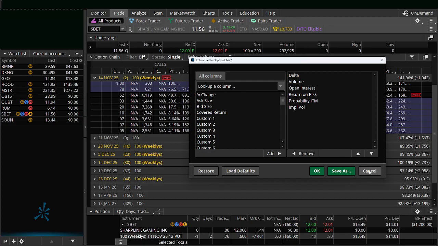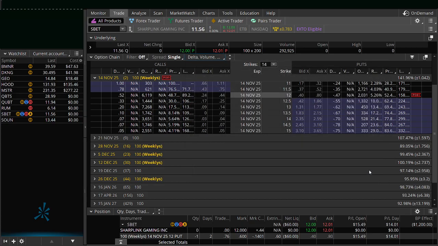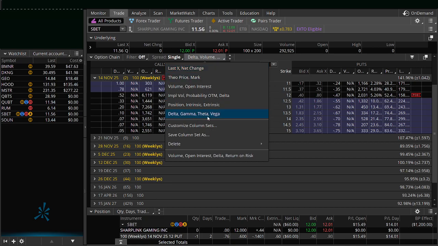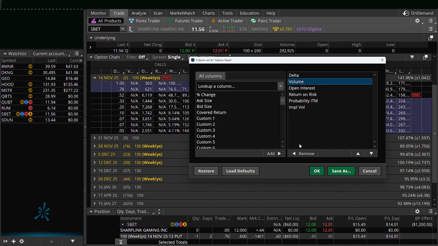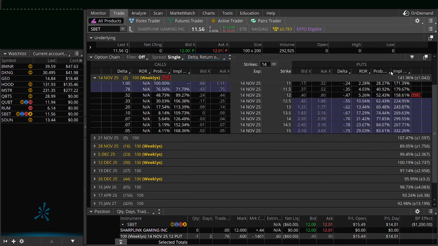Those are mandatory for how I trade. So for the purposes of this video, I'm actually going to go ahead and remove volume, and I'm going to remove open interest. This way we can see the labels a little better.